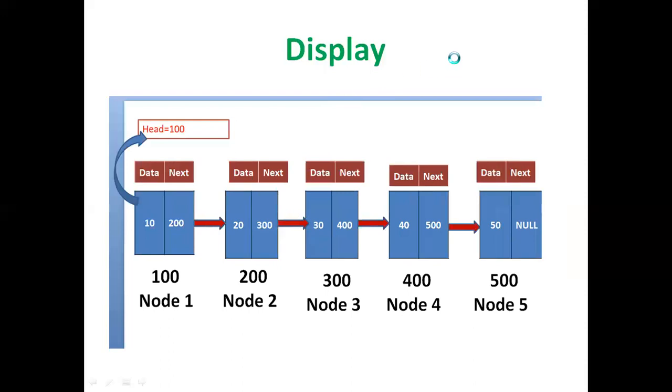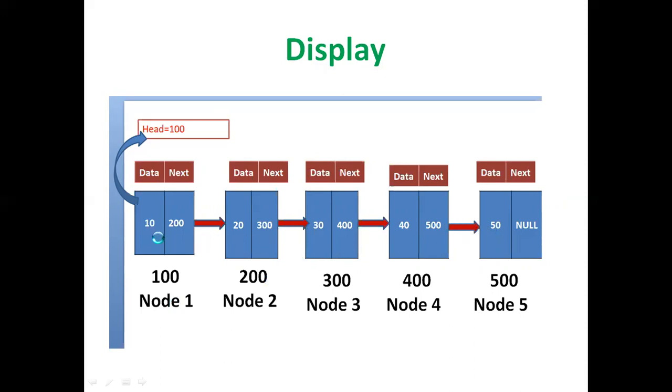Display. Display is one of the operations in the singly linked list. It displays what elements are available in the list. Initially, if head is equal to null, our list is empty, so we cannot display any elements. If it is not null, some elements are available in the list, then we can display those elements. Suppose here, in the diagram, 10, 20, 30, 40, 50, 5 nodes are there and the links between the 5 nodes already exist.